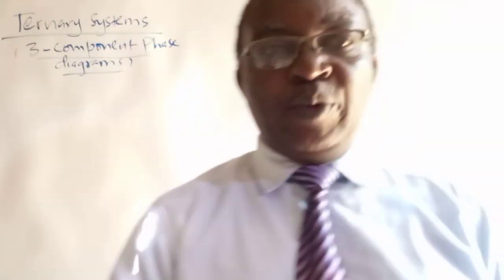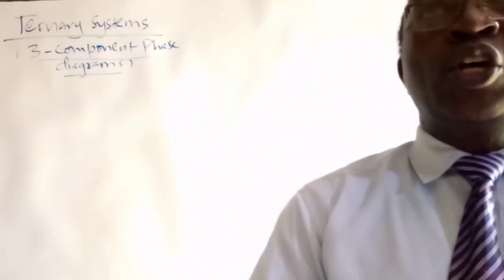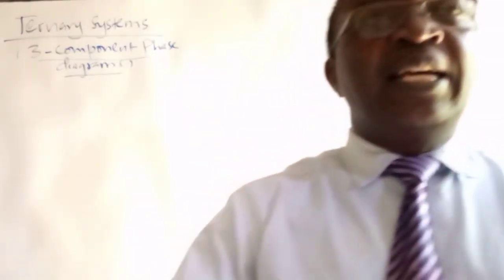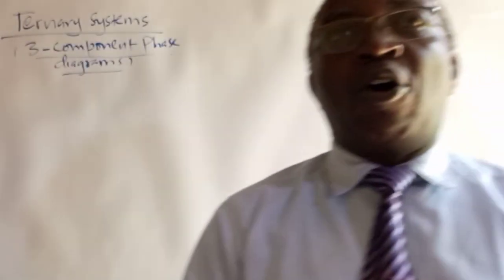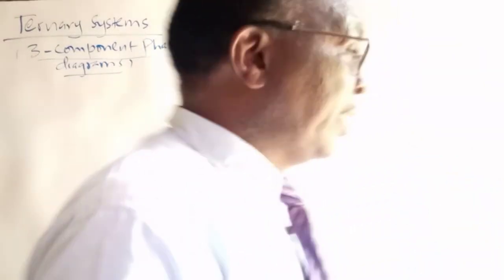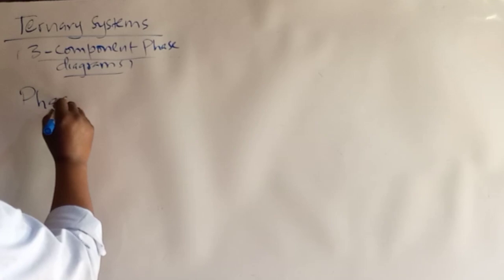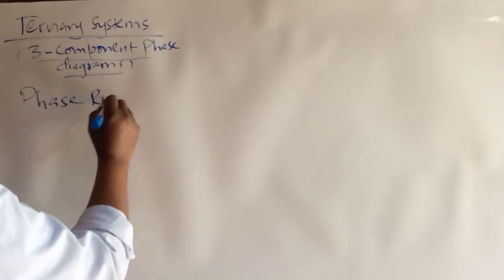Now, the first thing which we need to deal with is what is our phase rule when we are dealing with these ternary systems or multi-component systems. So the first thing we do is develop the expression for the phase rule.